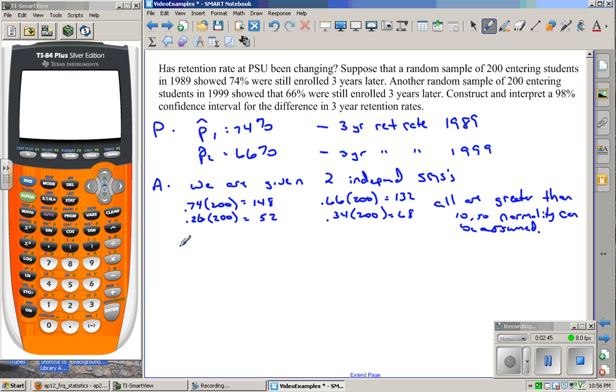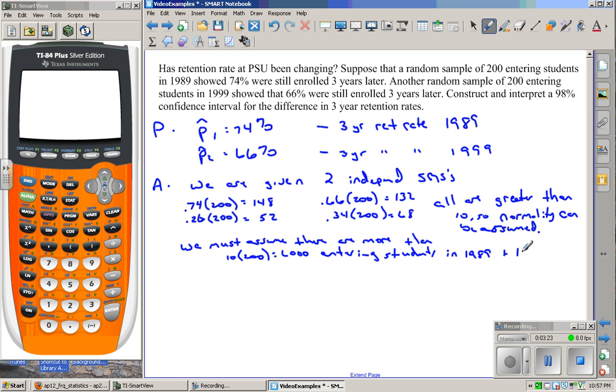Okay, and the third one is that we must assume there are more than 10 times 200, which is 2,000, entering students in 1989 and 1999.